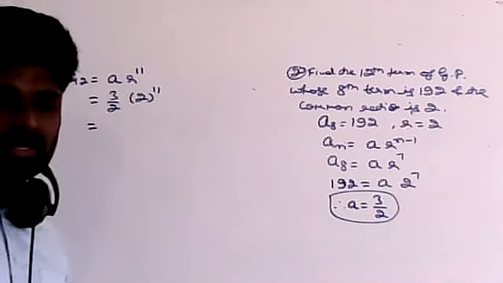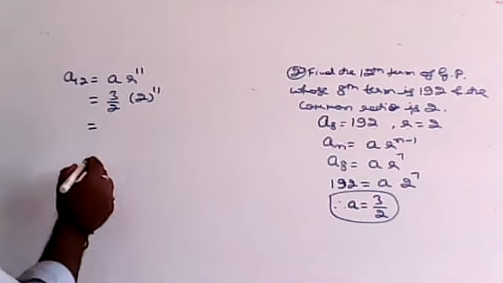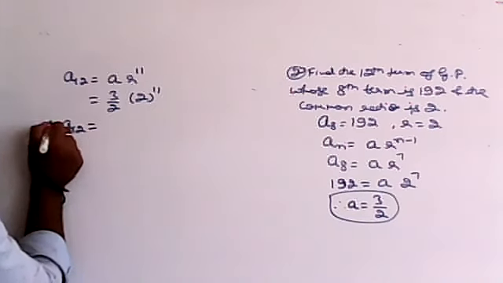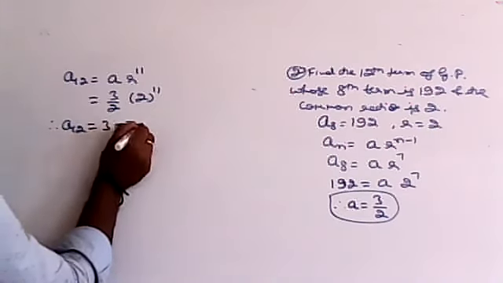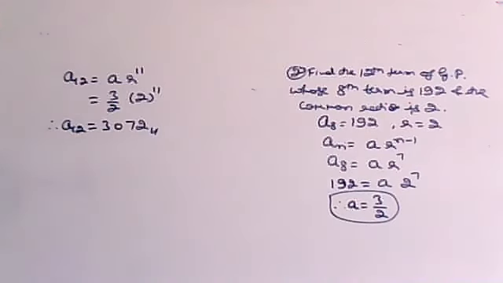Correct? Yes, right. All are getting the same answer. That is A12, 3072. Okay. Clear this one?